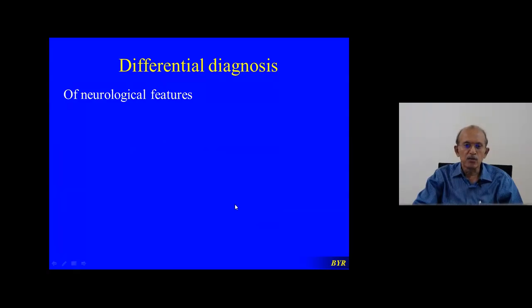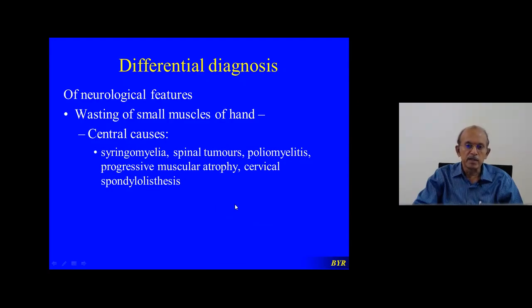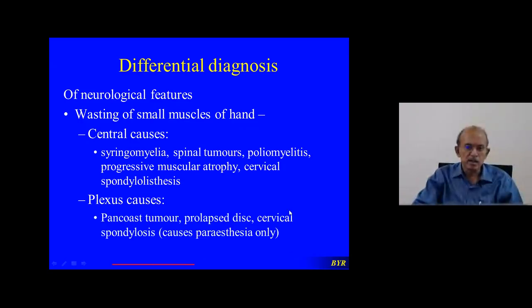Then differential diagnosis of neurological features: wasting of small muscles of the hand. This can be due to syringomyelia, spinal tumors, poliomyelitis, progressive muscular atrophy, cervical spondylosis. Then brachial plexus causes like Pancoast syndrome, prolapsed intervertebral disc, cervical spondylosis.